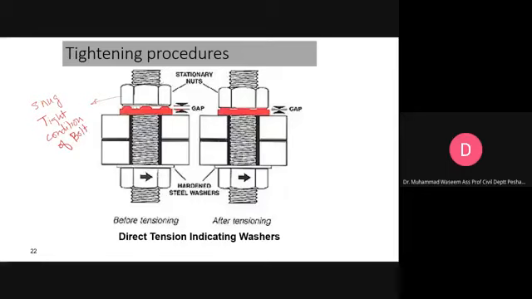This is not pretension. Then you apply the torque, so this gap will be reduced, and this gap is a function of the torque. So it can indicate whether the bolt found in the field is already pre-tensioned. This is before the tensioning, this is after the tensioning. So these are direct tension indicating washers.